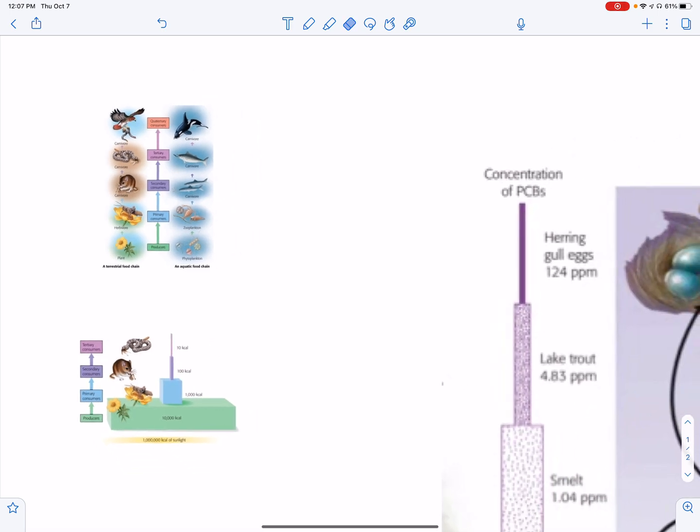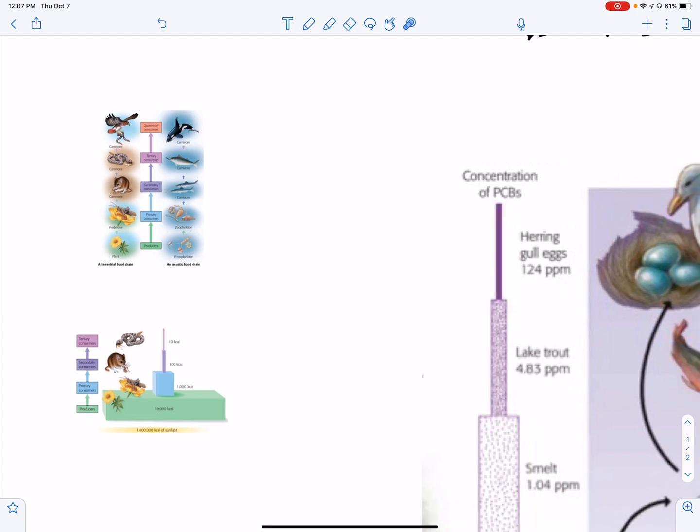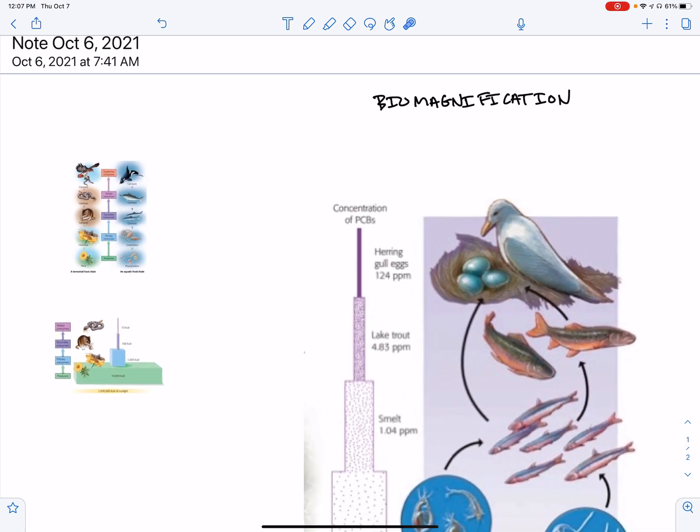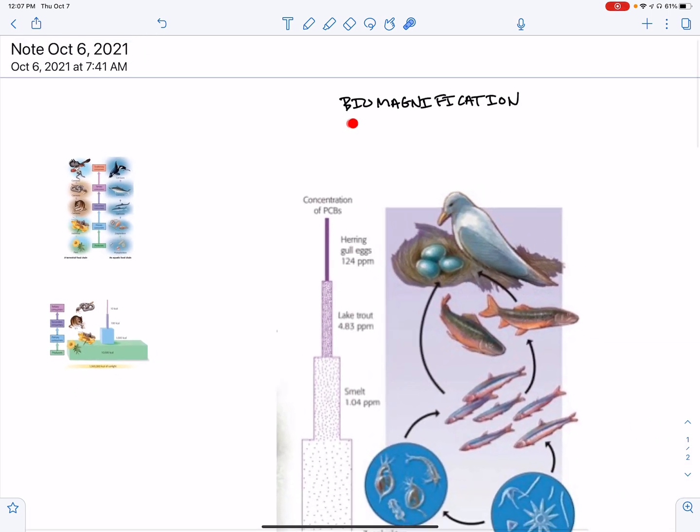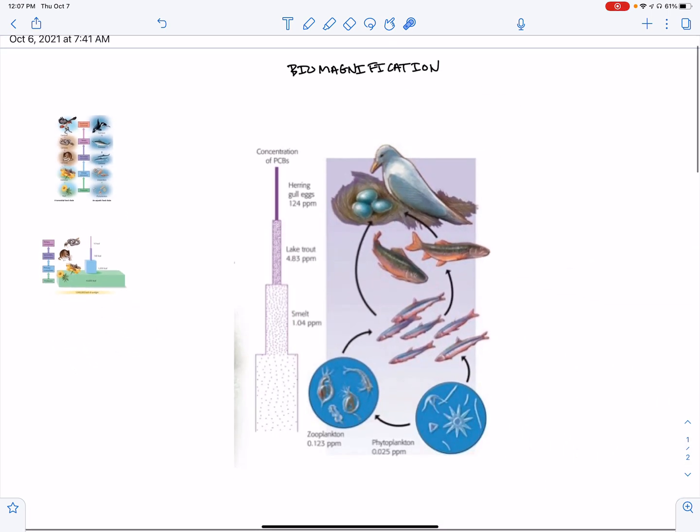So energy is lost at every trophic level. And this is related to our topic today, biomagnification, because we're seeing the opposite happen here with toxic nutrients.